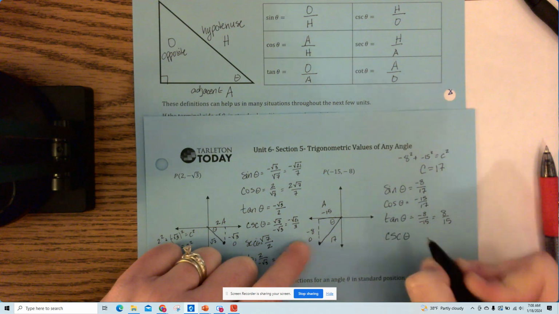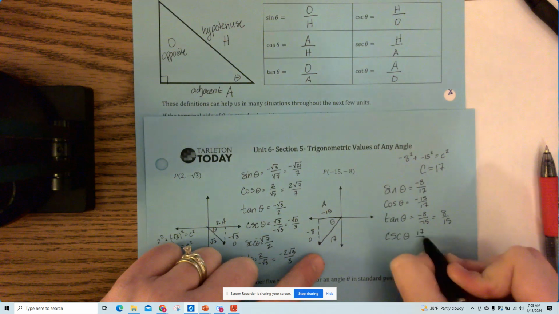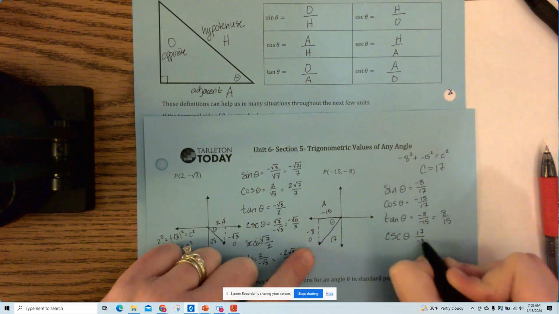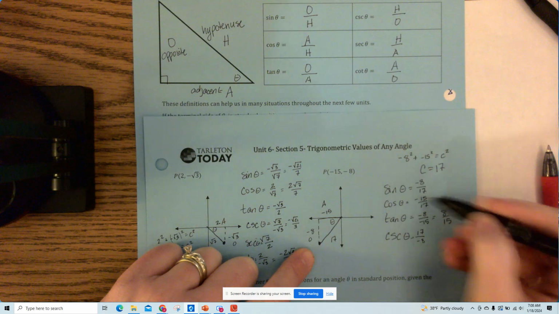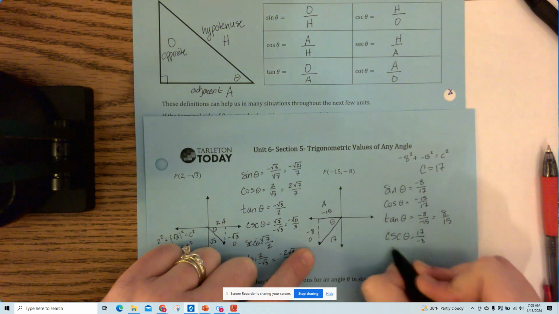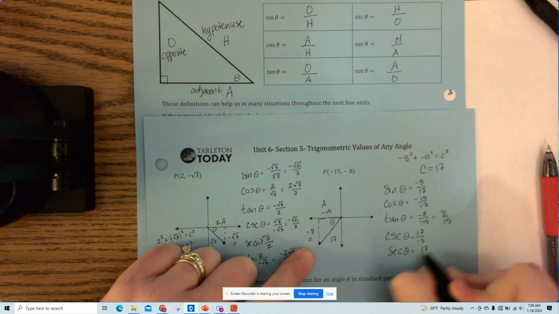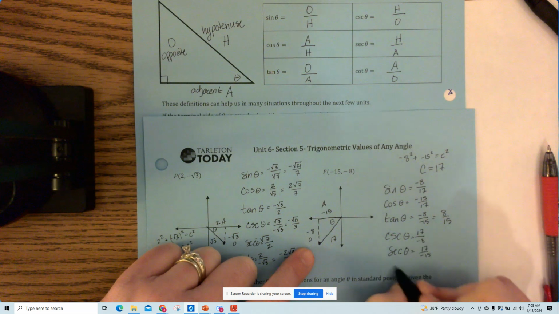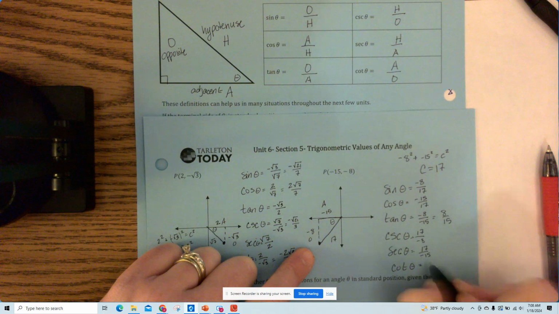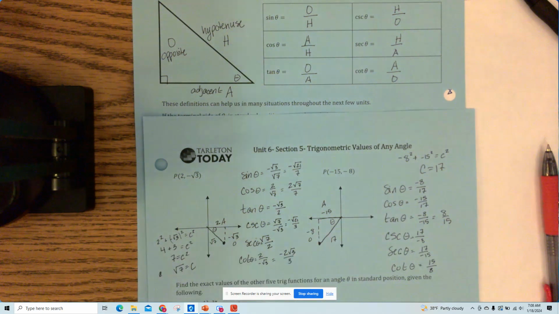Cosecant of the angle is the hypotenuse over the opposite. So again, just flipping all of these. Secant of the angle would be 17 over negative 15, and cotangent of the angle, we just flip it, 15 over 8. So that's just writing the ratios.